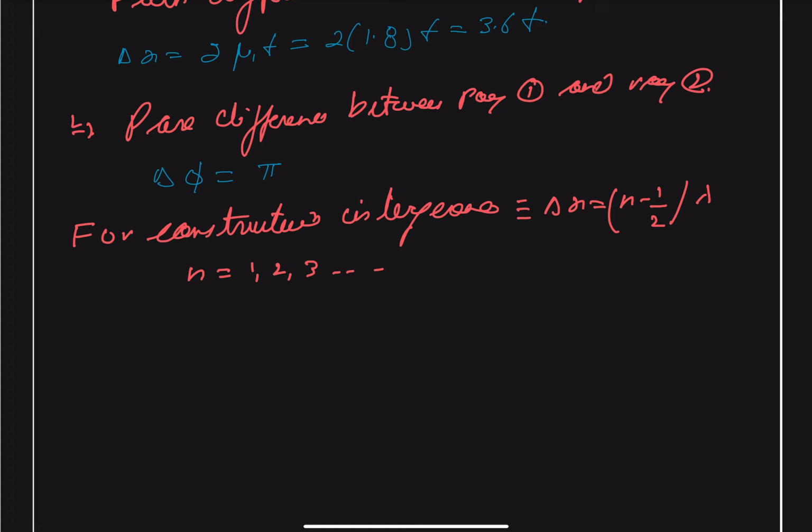And delta x we know is already 3.6 times t. So we can write this as 3.6 t equals (n minus 1/2) times lambda.